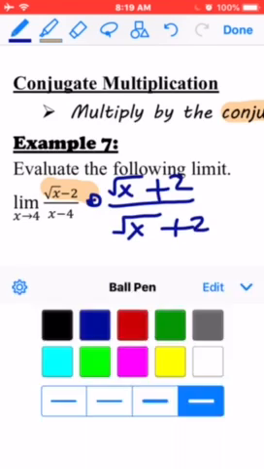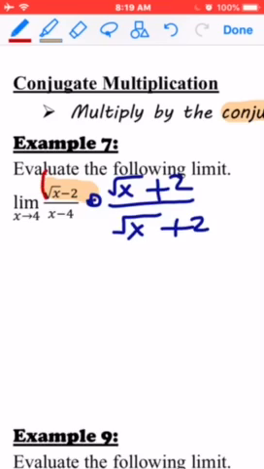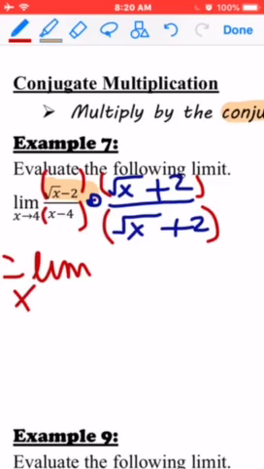Now we do have to FOIL this, the top and the bottom. When you do that, we're at the limit as x approaches 4.